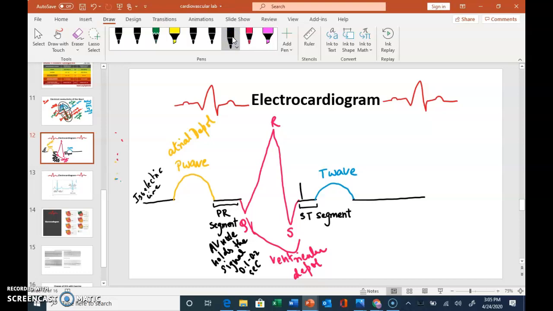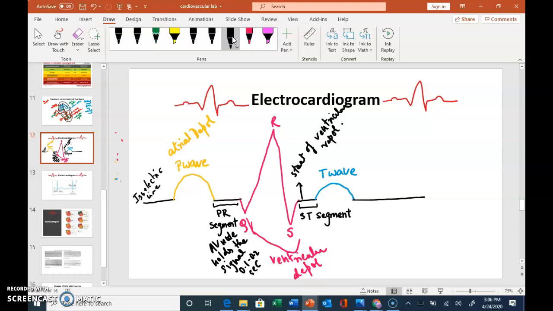And ST wave is when the ventricles are starting to repolarize. So it's a phase between ventricular depolarization and ventricular repolarization. This is the start of ventricular repolarization.